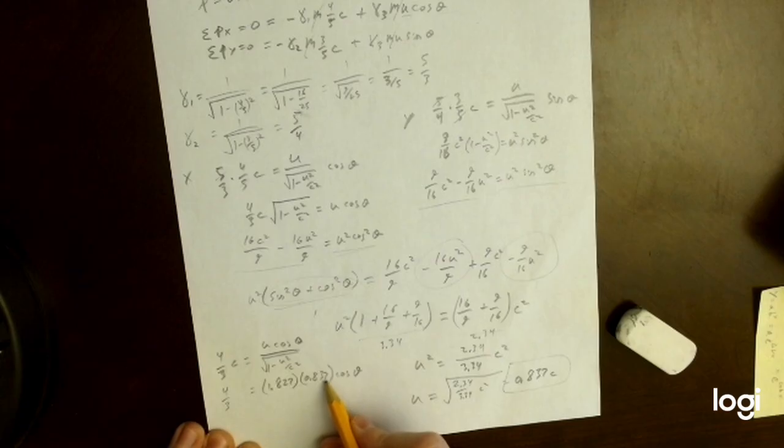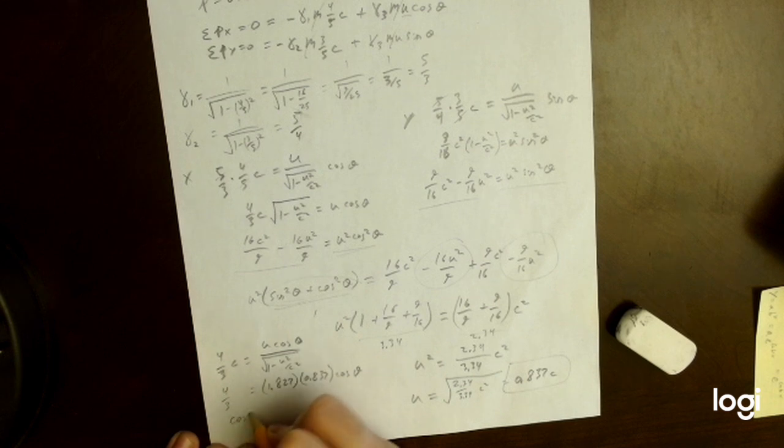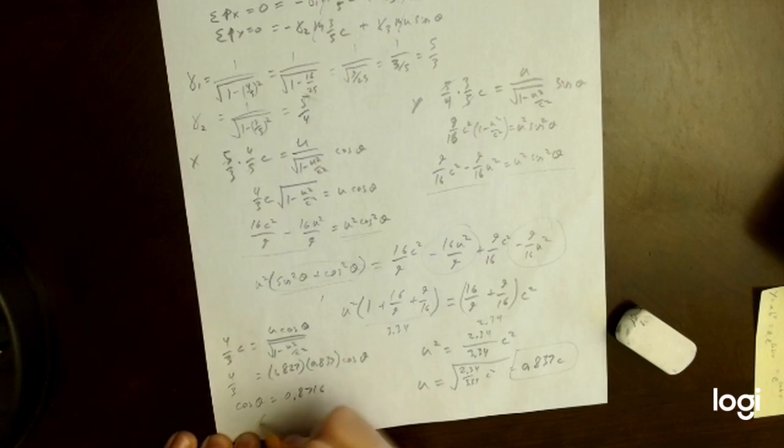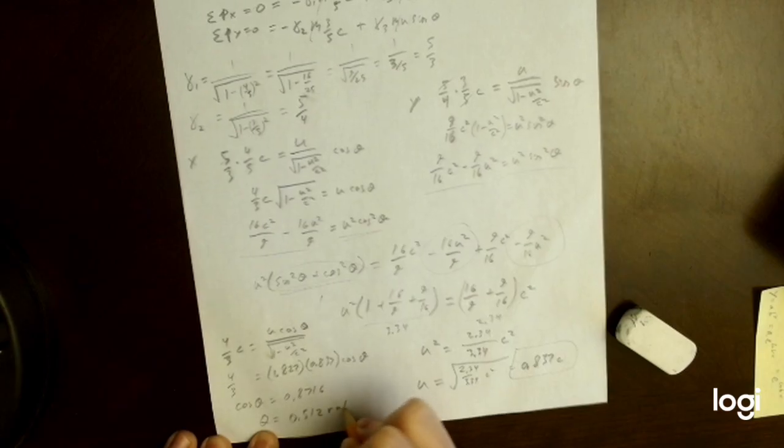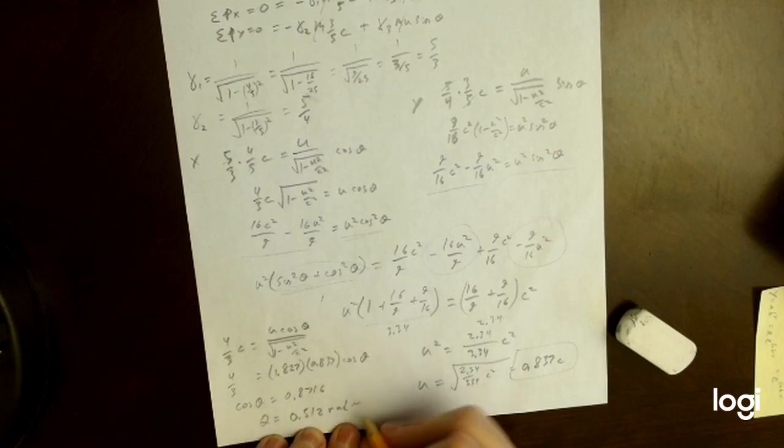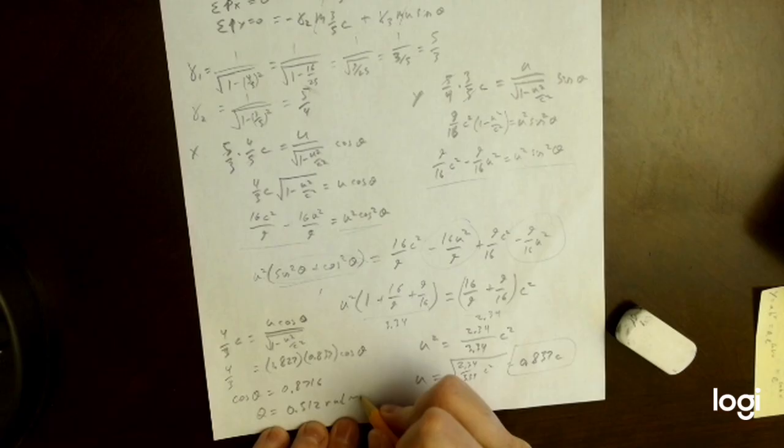So since I canceled the c here with the c here, and if we put all this on one side, cosine theta is approximately 0.8716 then. And in doing cosine inverse, we would get about 0.512 radians, or convert that to degrees, which is about 29.4 degrees.